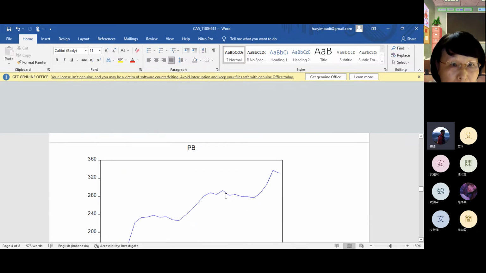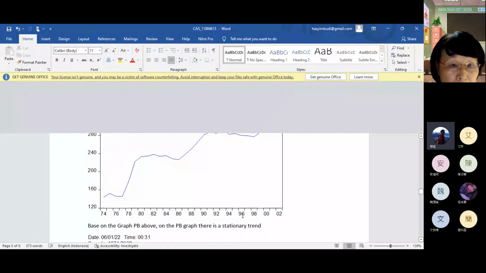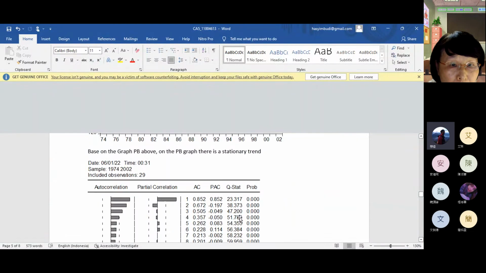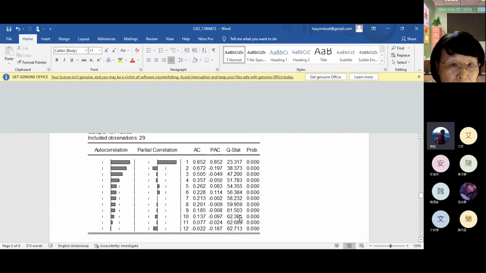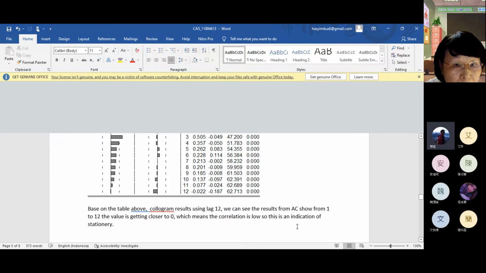And PV. On the graph, I indicated a stationary trend, maybe it's wrong. And then the correlogram, at lag 11 it declines close to 0, the same indication of stationary. Or if I learn from your answer, it is non-stationary.